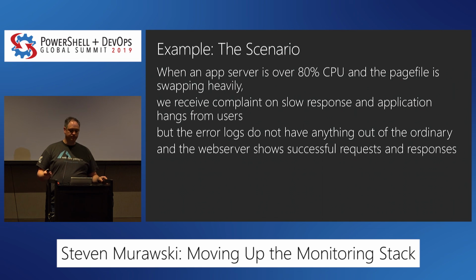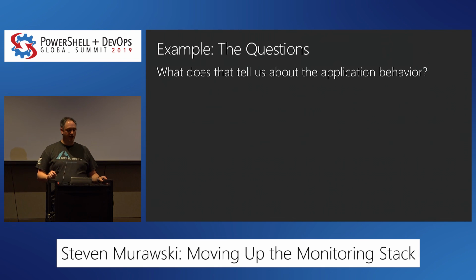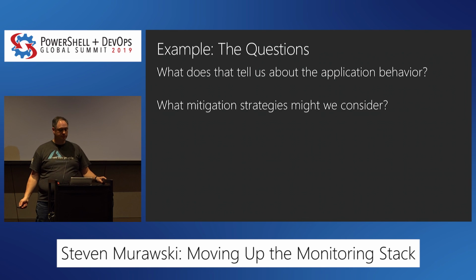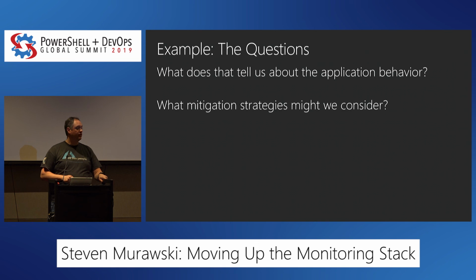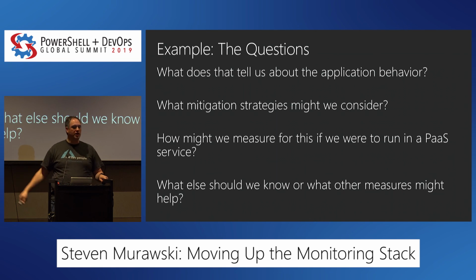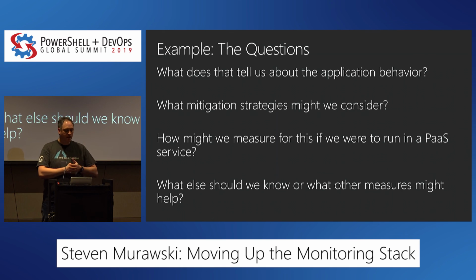And that's where we start to ask questions like, what is it actually telling us about the application behavior? What mitigation strategies can we look at? How would we run this if it was running in app service or some other PaaS environment or on Heroku or whatever, right? What other measures might we use to troubleshoot this?